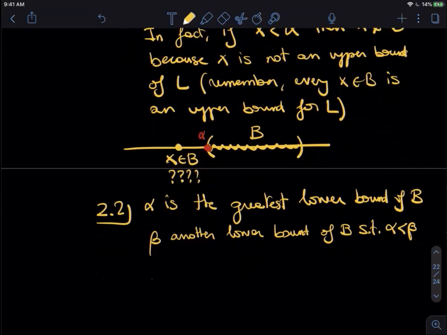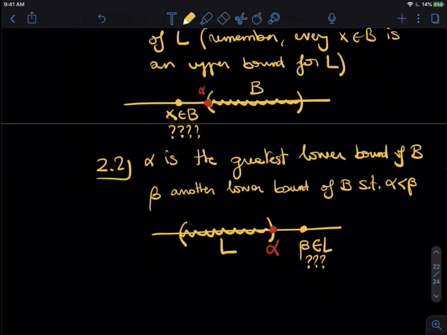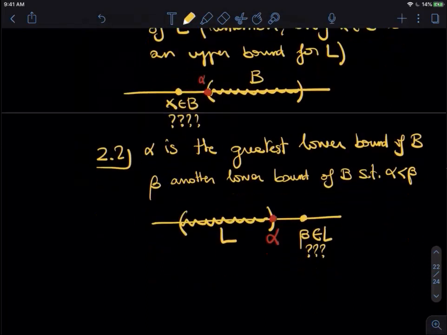And this cannot be. Similar to before, we have our set L. In this case, we have our alpha, and then we are saying that we have some beta to the right of alpha that is in L. That's not possible. If you want to be a little more formal here, beta, another lower bound of B, means that beta belongs to L.